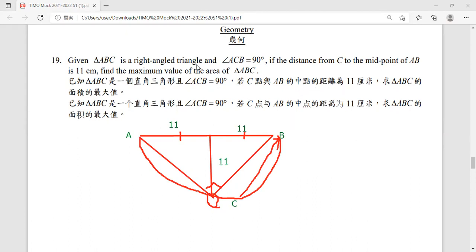Then now we have two more right angles here.